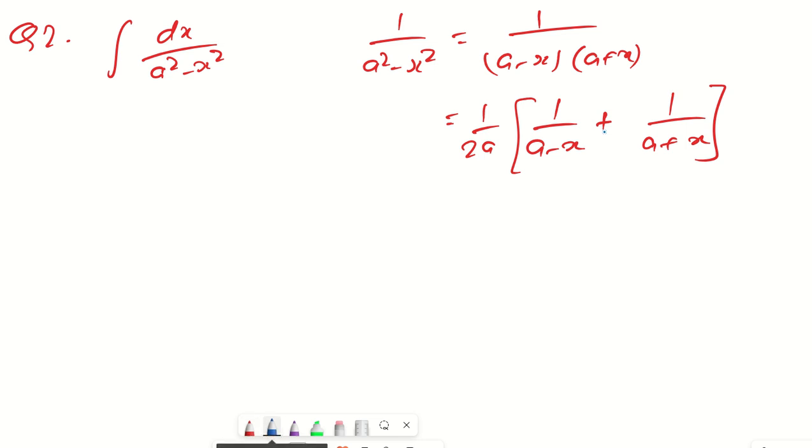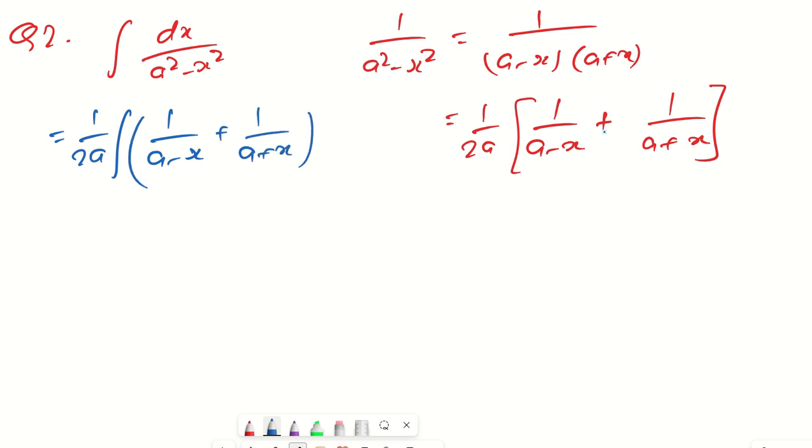So this is how we can do that. Now we can write this integration as 1 by 2a integration of 1 by a minus x plus 1 by a plus x dx.